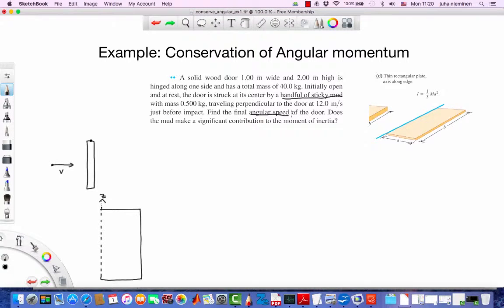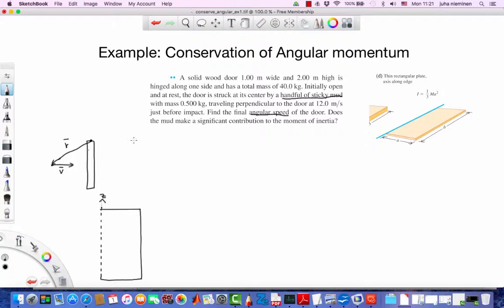So let's calculate the angular momentum of the pile of mud relative to the pivot point of the door. In the general case, it doesn't matter how far the mud is from the door when we consider this. So that's the position vector of the mud and the velocity vector.